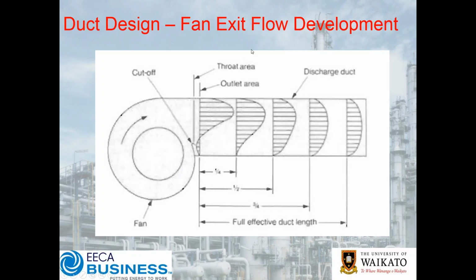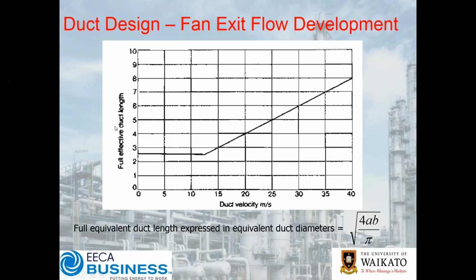Now if we look at the fan exit side of the equation, as you can see, if you look at the fan exit right here, we have a very uneven distribution, and it takes a number of diameters for that airflow to even out. Now there's a great chart that you can refer to, and there's a fancy equation there, but generally speaking, the effective number of duct diameters you need to get good velocity distribution is actually a function of velocity.